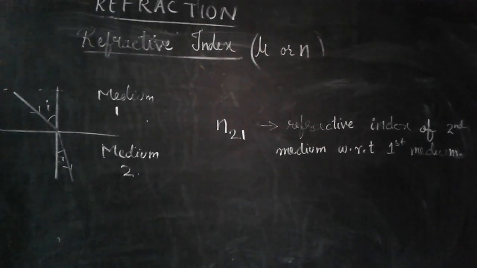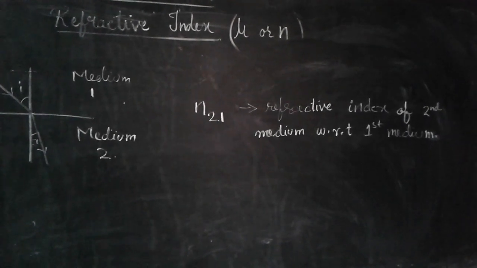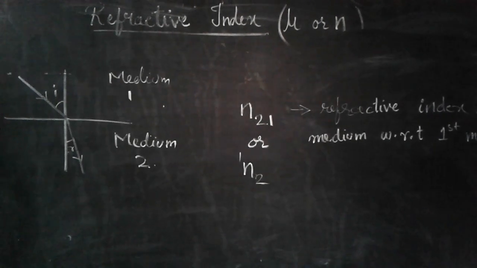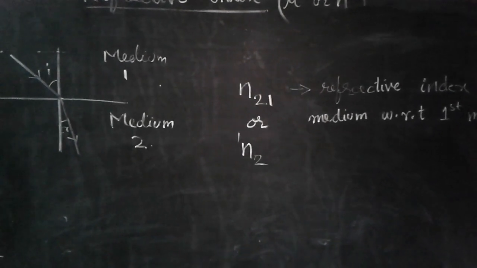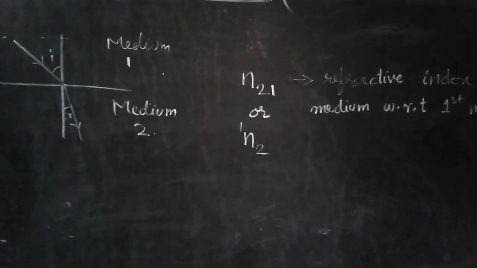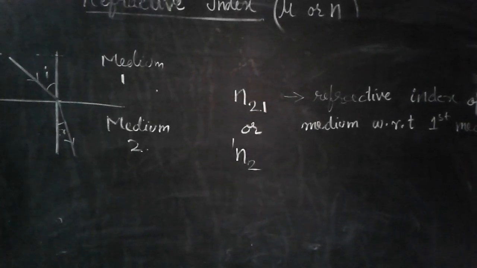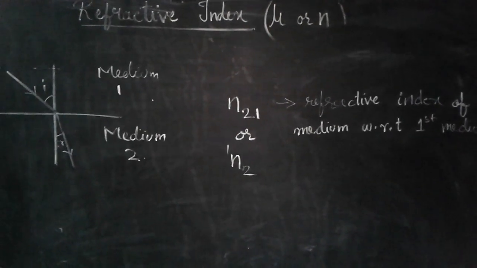So whenever you see it written like this, n21, it means refractive index of second medium with respect to the first medium. Another way of writing the same thing, n21 can be written as n with subscript 2 and 1 on top, but it will be read the same way: refractive index of second medium with respect to the first medium. How do we calculate that?